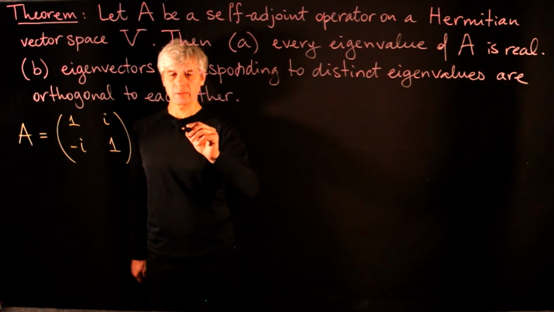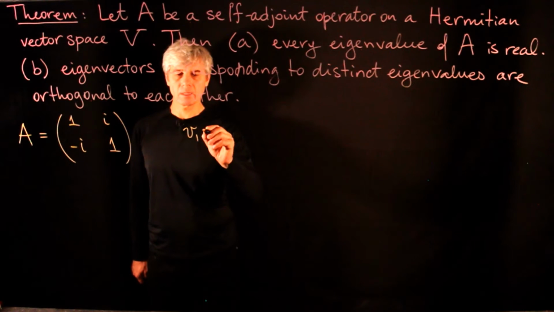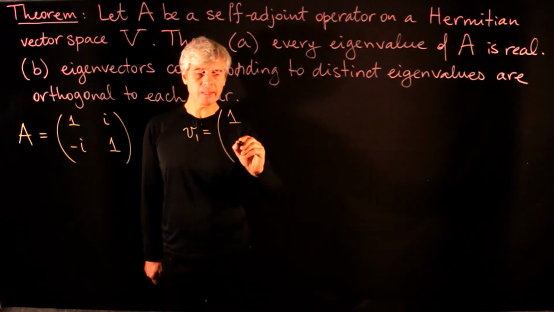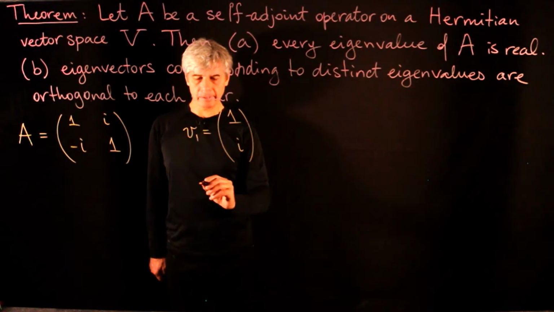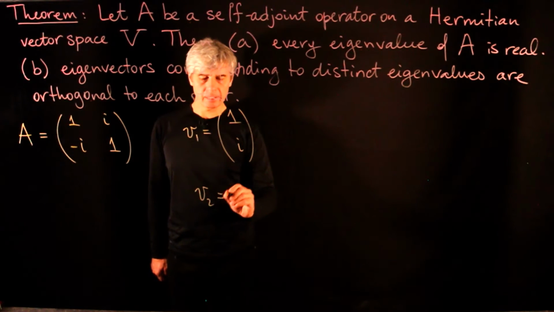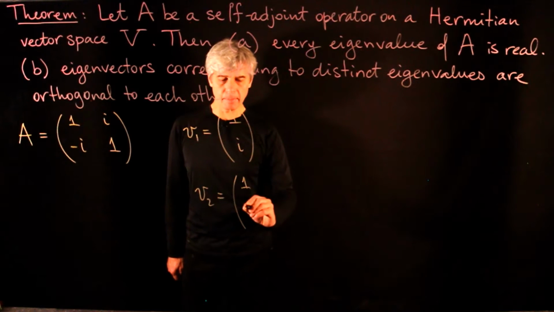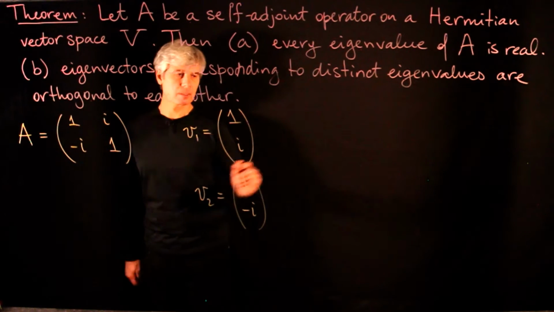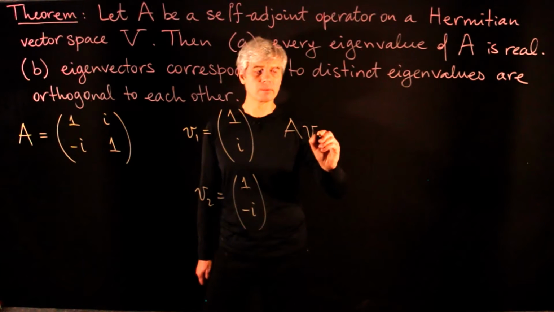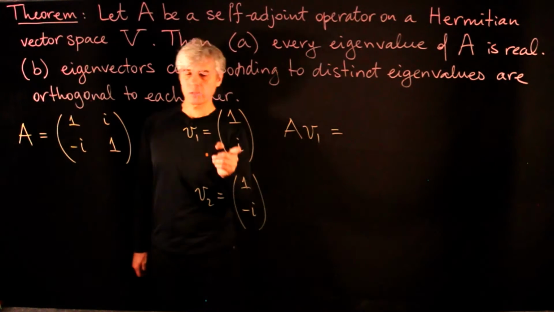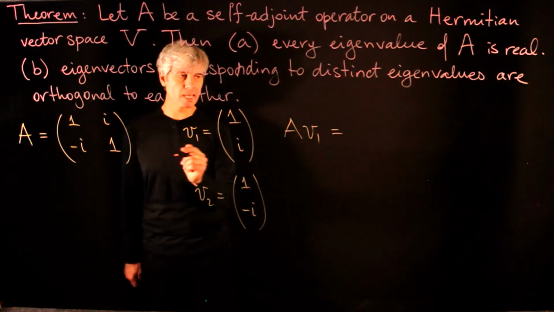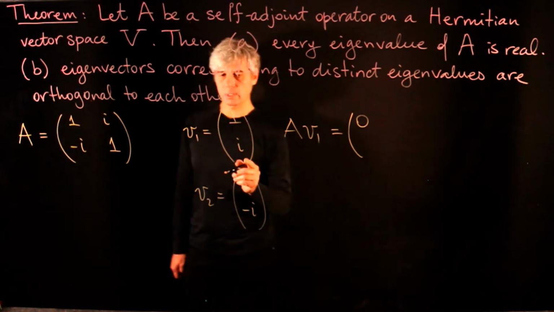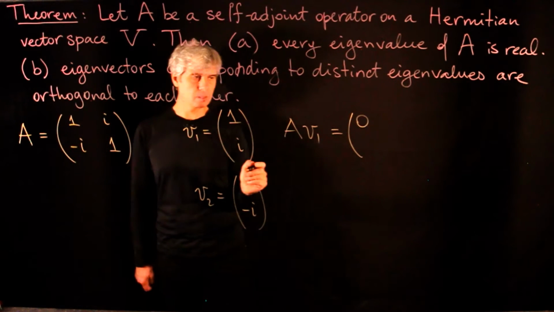V1 is the vector (1, i), and V2 is the vector (1, minus i). If we multiply the first vector by A, we are going to get 0 and 0.